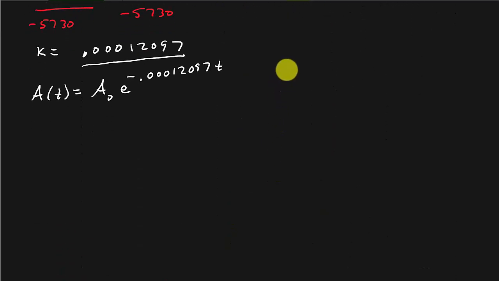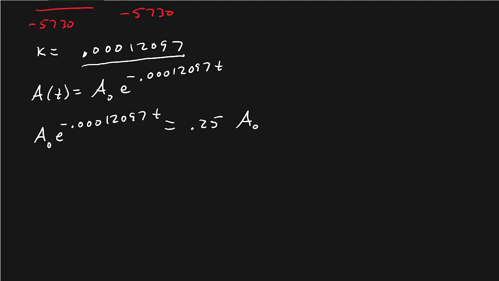So we want to know when does A naught e to the negative 0.000120097 t equal 25% of the original amount? That's what we're looking for. We've got to solve for t.